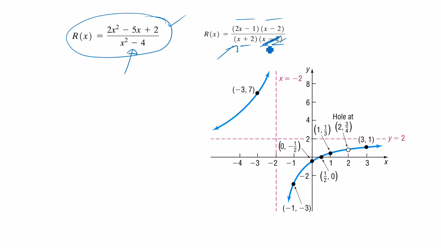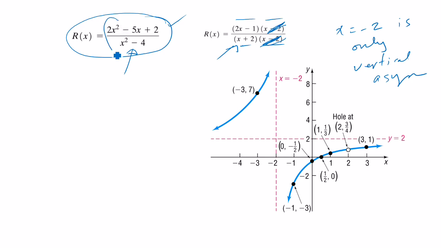Notice x equals 2 is not going to be a vertical asymptote. It's just going to be a hole in the function. So x equals minus 2 is the only vertical asymptote.